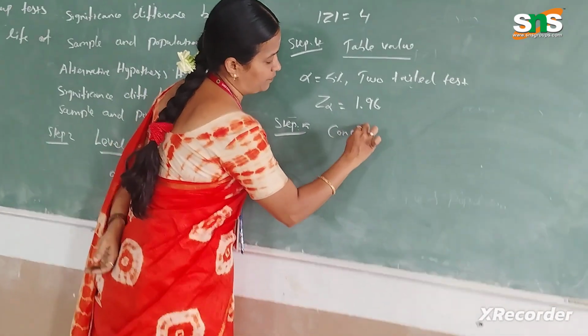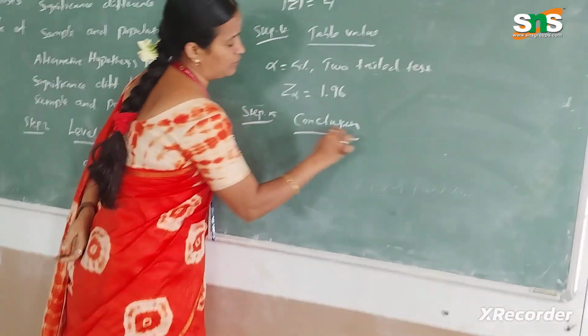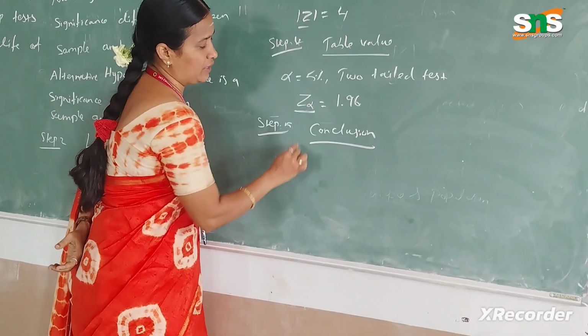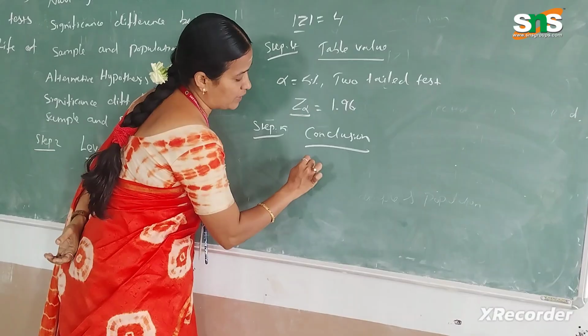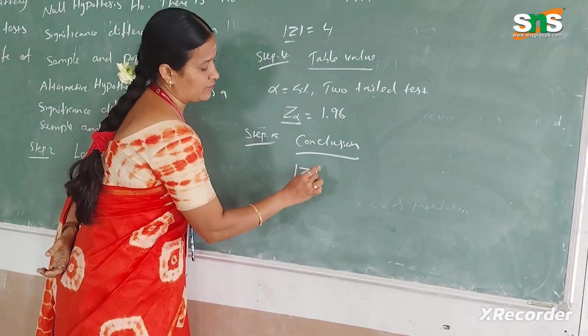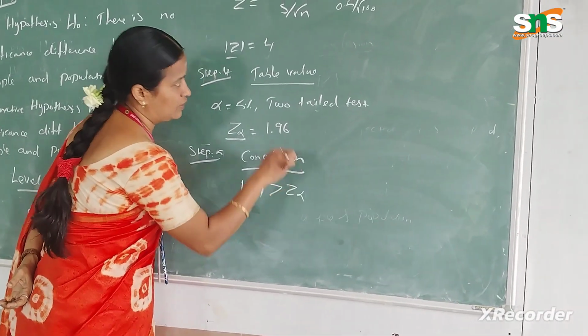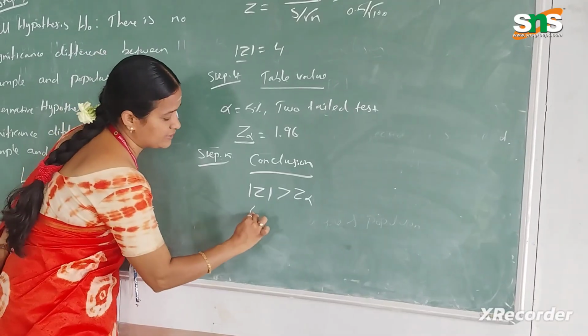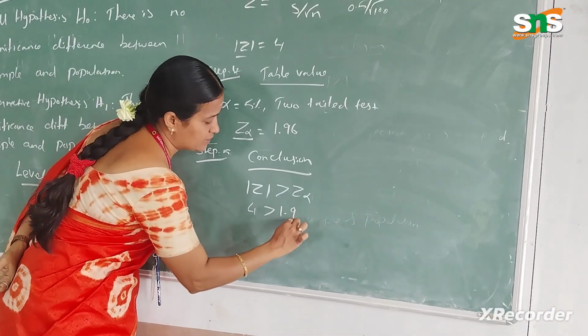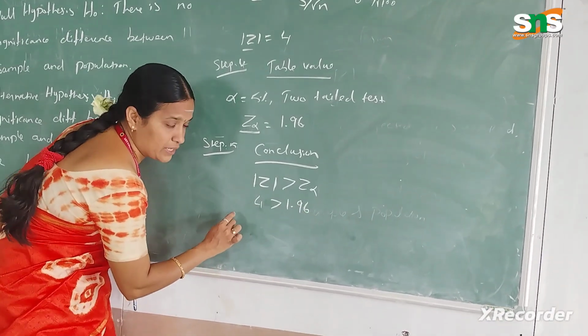Next, step 5, conclusion. Now I am going to compare the table value and the calculated value. Look at the calculated value: modulus Z is greater than Z alpha. Look at the value 4. 4 is greater than 1.96. So what is my conclusion here?